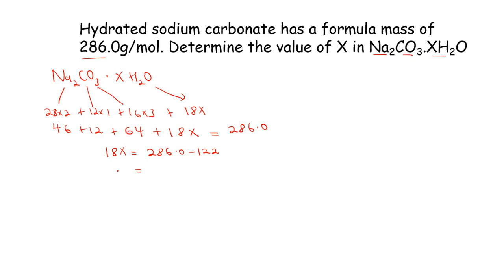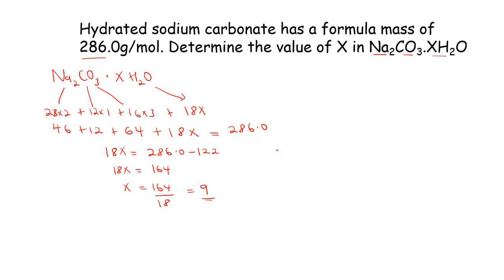So 18x is equal to 164, and x will be equal to 164 divided by 18. So you shall roughly get 9. So obviously if you have some very small decimals attached, that is allowed, but we shall round off to the nearest whole number, which is roughly equal to 9.